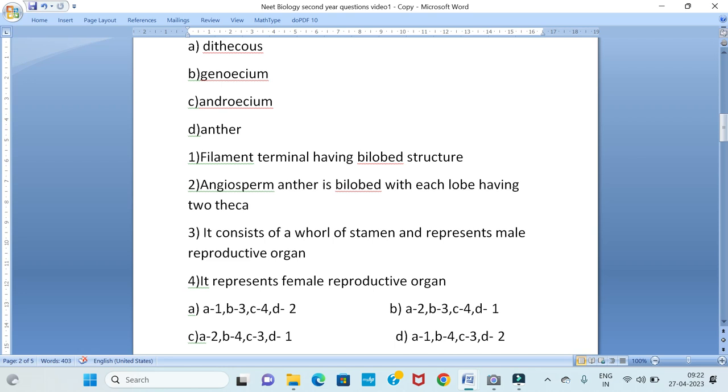The terminal of the filament, a generally bilobed structure, is called the anther.